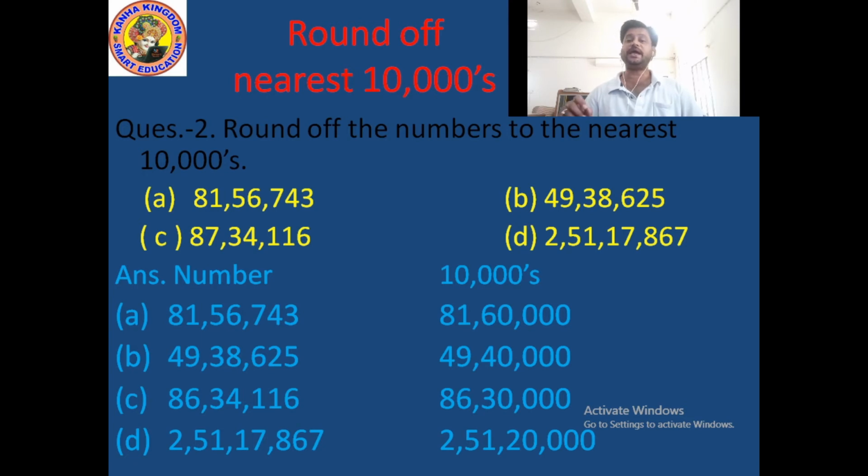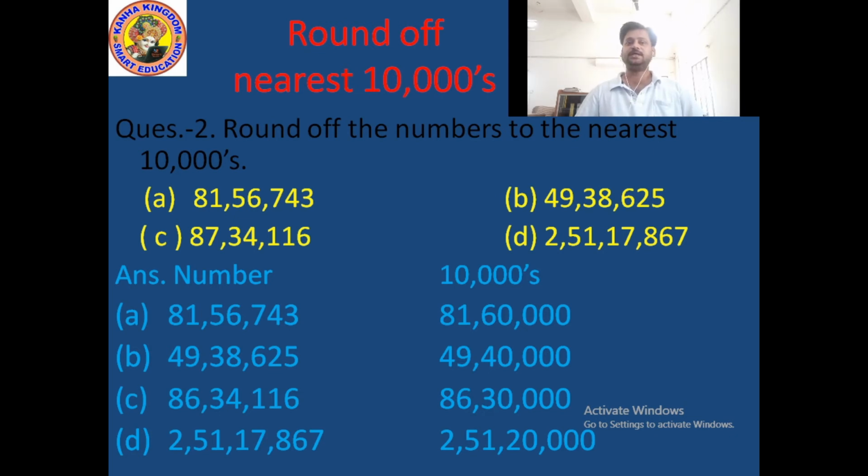So you add 1 to 3, means 3 plus 1 equals 4, and whatever the digit in the lakhs place, it doesn't matter, you just write the same digit. So the exact answer of this part is 49,40,000. Now move to C part.